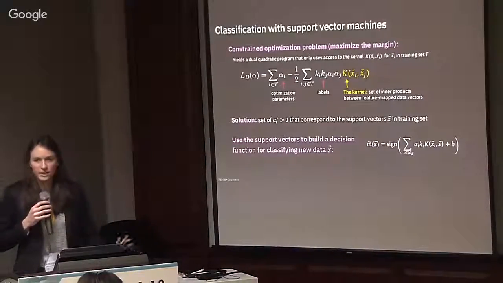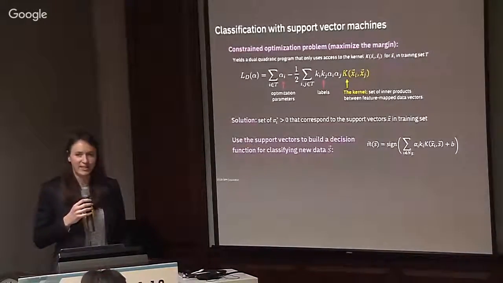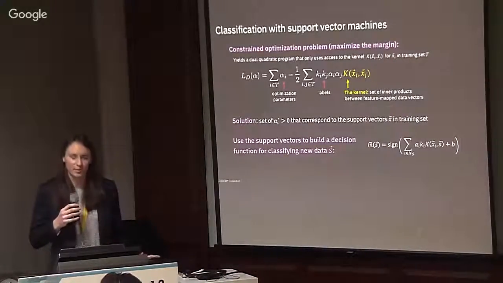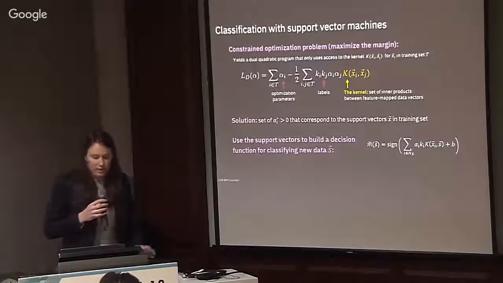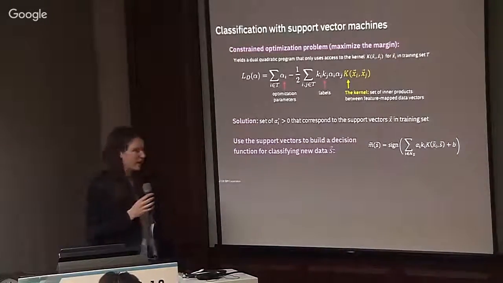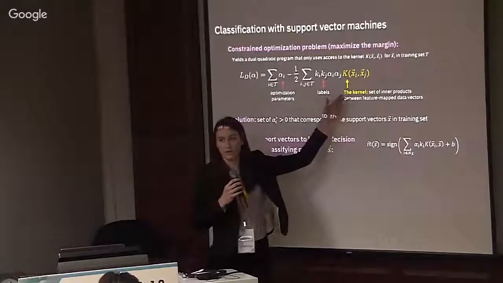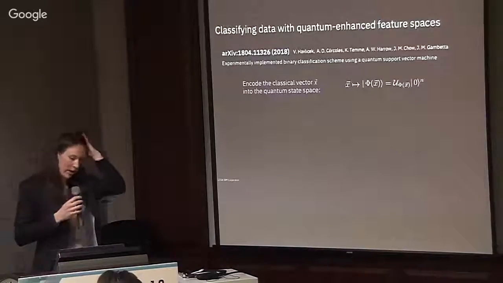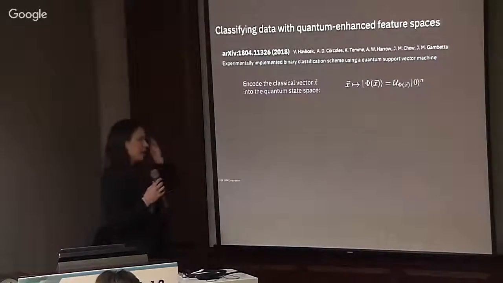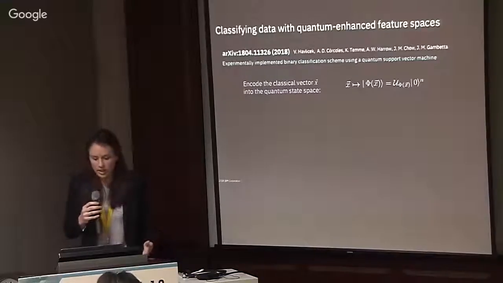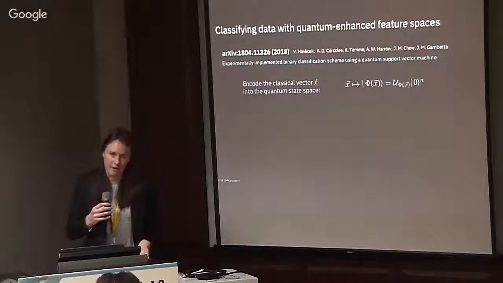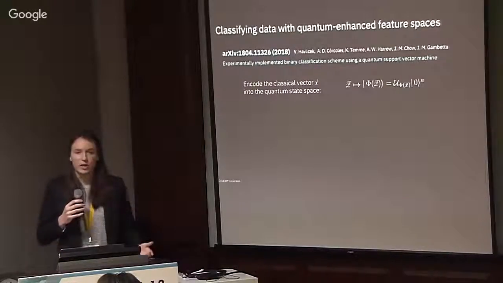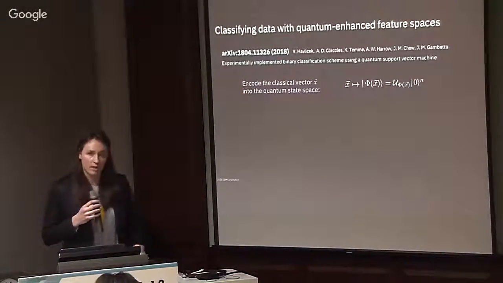So all of this is well-known classical technique, and so you may wonder, where does the quantum computing part of this come in? And the answer, or one answer, is through this kernel matrix. What we can do using qubits is explicitly perform a quantum feature map with your classical data by encoding it onto an exponentially large quantum state space.